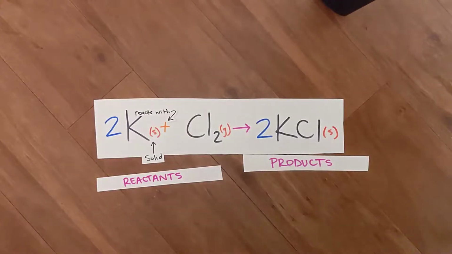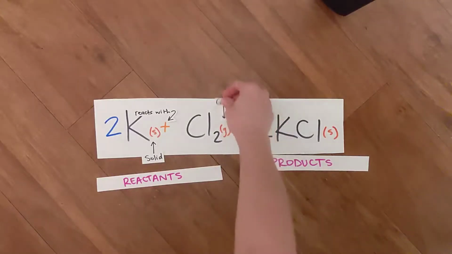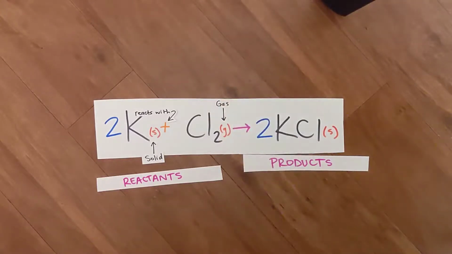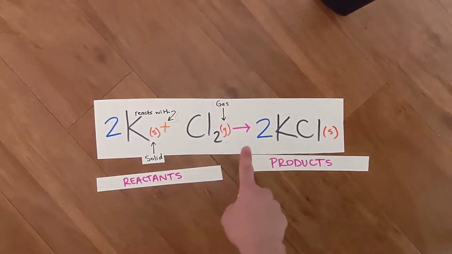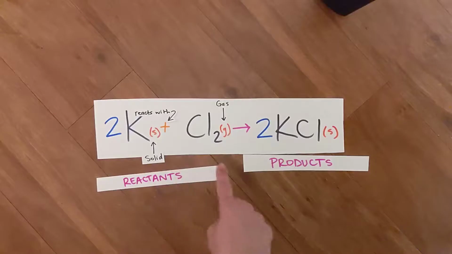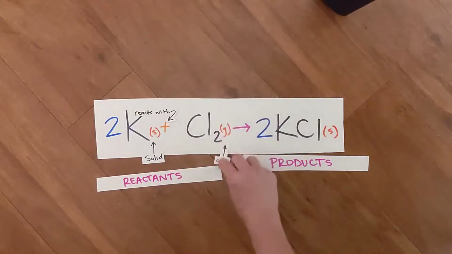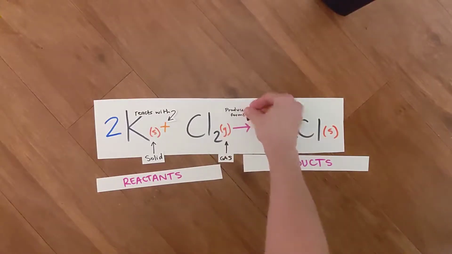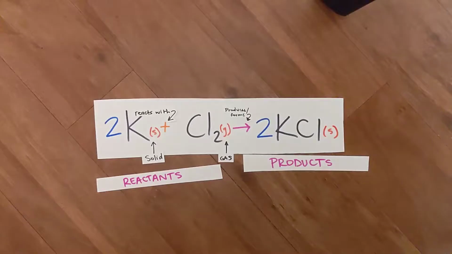And when we see a G, that means that element is in the gaseous state. Now this arrow indicates that KCl is being formed or produced from the reaction of K and Cl2. So the arrow indicates that something is being produced or formed. And then over here, this S also indicates a solid.